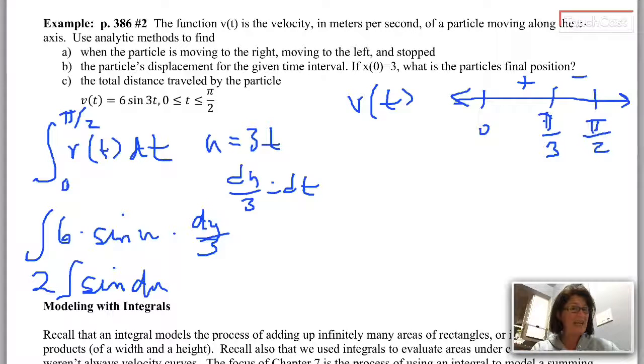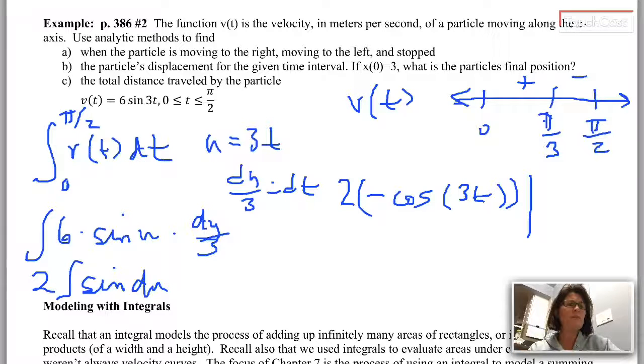The antiderivative of sine of u is negative cosine of u. So that's 2 times negative cosine of, what's u? U was 3t. Evaluated from, since I put my t's back, 0 to pi over 2. So it's going to be 2 times the opposite of cosine of 3 pi over 2.